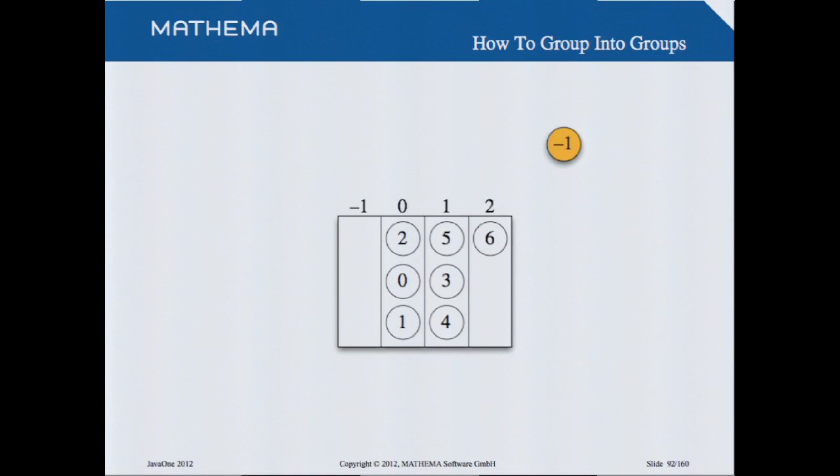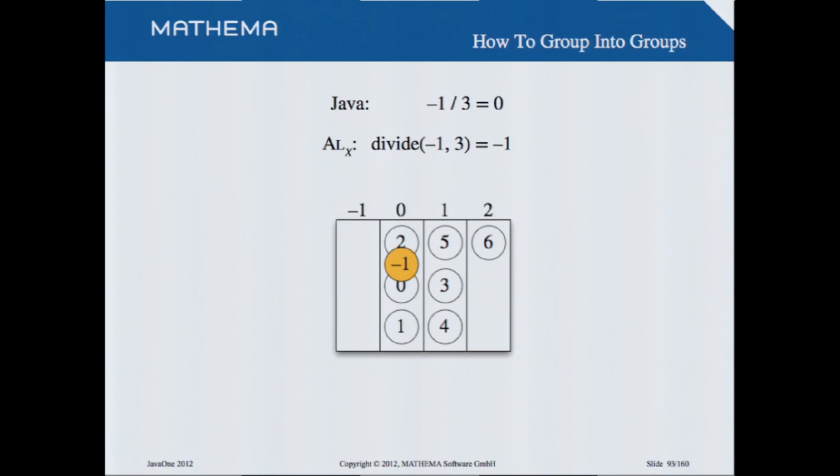But if we do it now with -1, we have a problem. By rounding towards 0, what will happen? We want it to be in -1 because we want only 3 elements per bucket. But if we do it in the Java way, we will have an error here because this function is not symmetric.